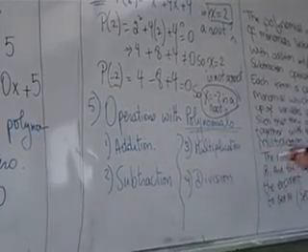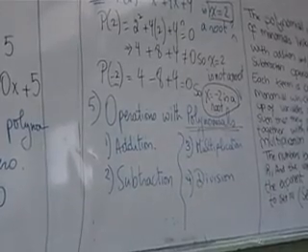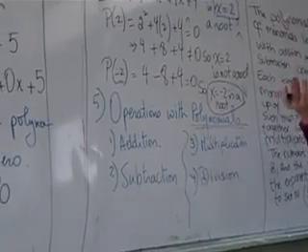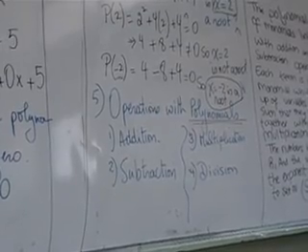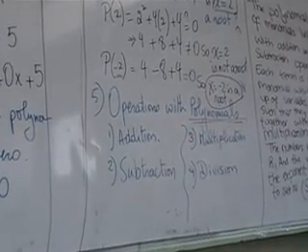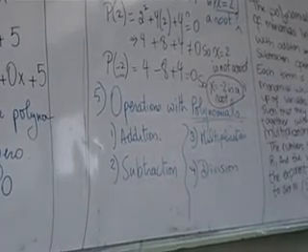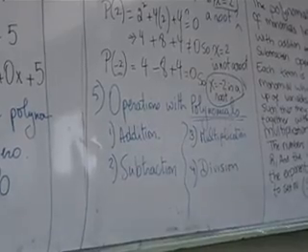You can multiply two polynomials and the degree of the polynomial will be the sum of the degrees of the two polynomials. And you can divide polynomials and the degree of the polynomial from this division will be the subtraction of the degrees of the two polynomials.